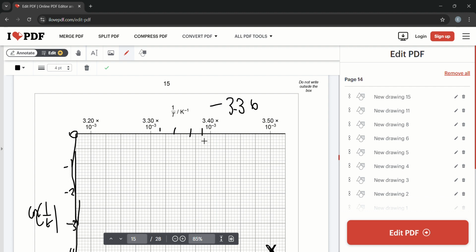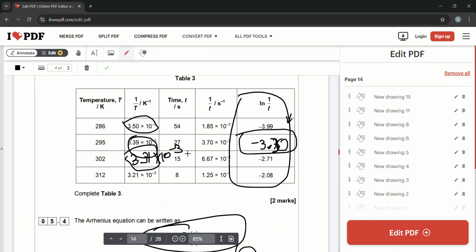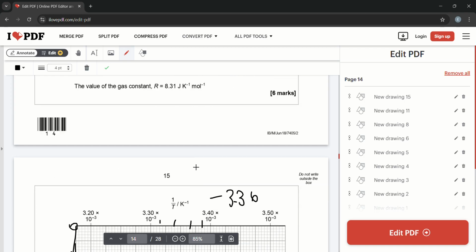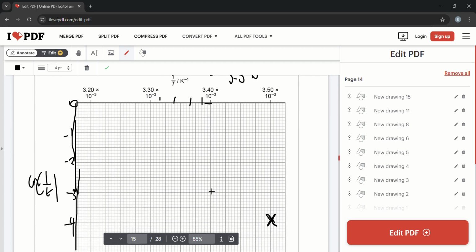So if we do 3.40 minus that, we get 3.395. What do we want? We want 3.39. So this is 3.395, this can be 3.39 at minus 3.30.